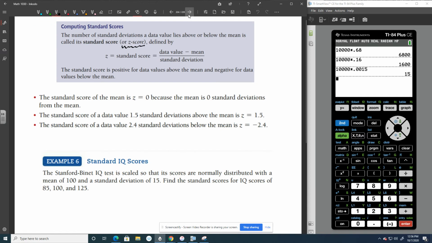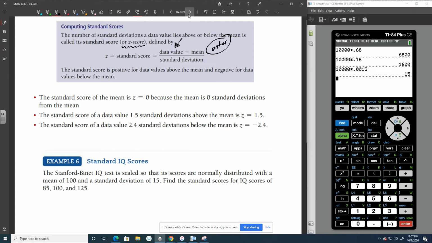So the way that we find that value is you take your data point that you're interested in, you subtract whatever your average mean value is, then you hit enter on your calculator so that it does this correctly. Then you divide by the standard deviation. And that will tell you not how far away you are, that will tell you how many standard deviations away you are. And we're going to use that number a little bit later, okay?